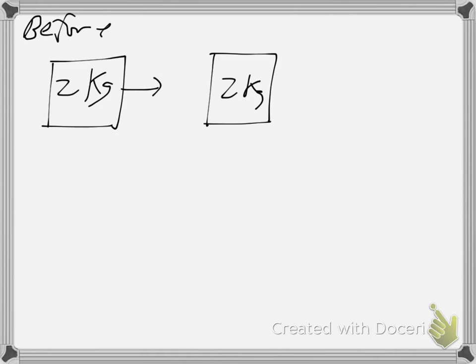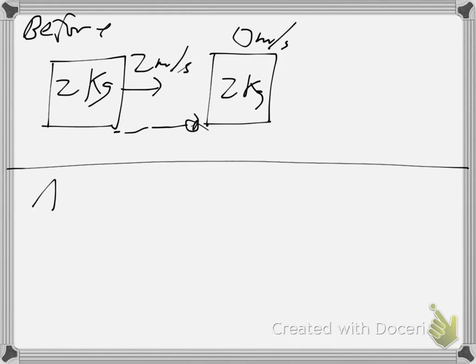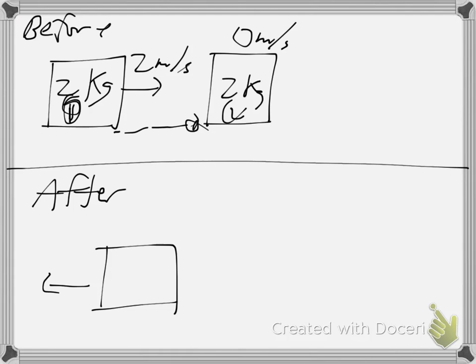This box is moving at 2 meters per second, and this box right here is stationary. Now, they collide, there's a collision, and after they collide, this first box, let's call this box 1 and this box 2, this box 1 right here is moving backwards at 1 meter per second.